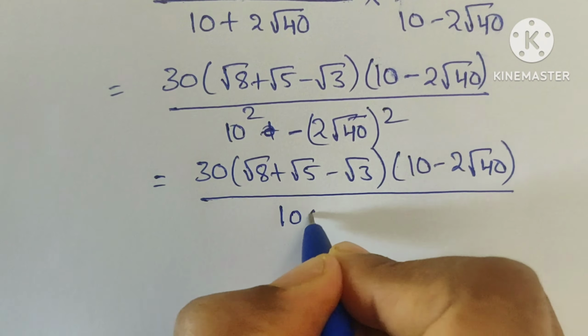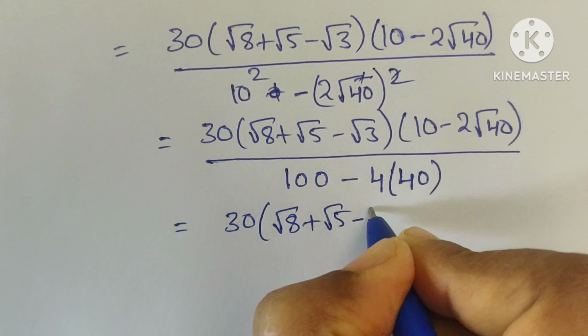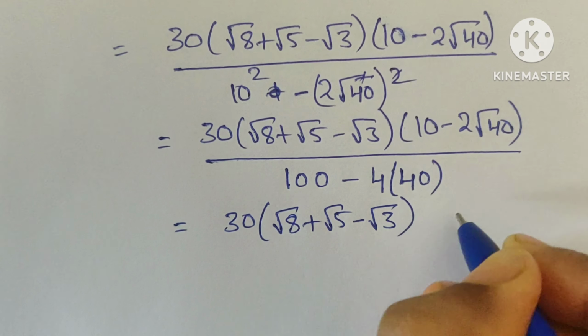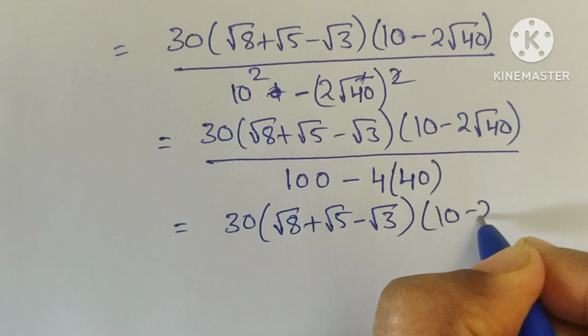So 30 times square root of 8 plus square root of 5 minus square root of 3 times 10 minus 2 square root of 40, so divided by 100 minus, so 4 times 40 which is equal to 160.